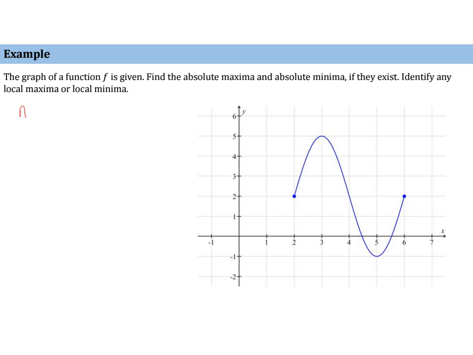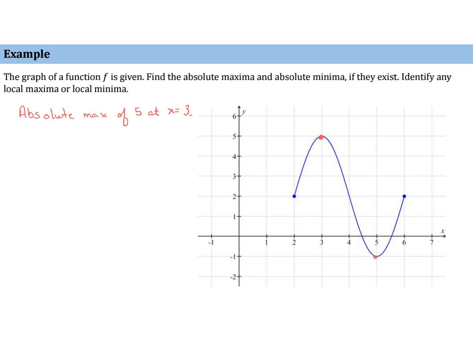So, absolutely speaking, do we have an absolute maximum? Do we have any points that are higher than all the other points? This point is higher than every single point on the blue curve. So we have an absolute max of 5 at x equals 3.